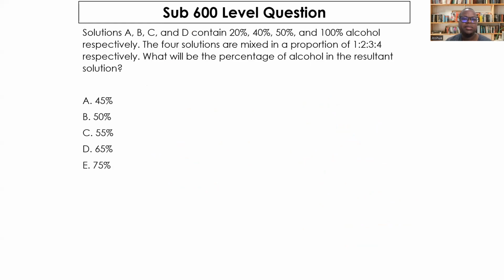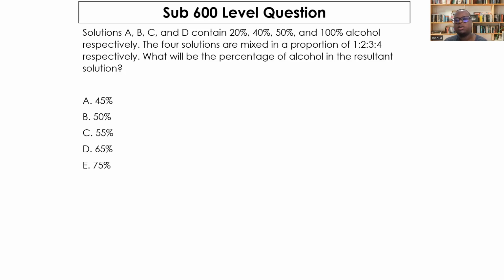We have another question which is still fairly easy and requires more or less the same approach as the previous one, but let's see how it goes. Solutions A, B, C, and D contain 20%, 40%, 50%, and 100% alcohol, respectively. The four solutions are mixed in the proportion of 1 to 2 to 3 to 4, respectively.